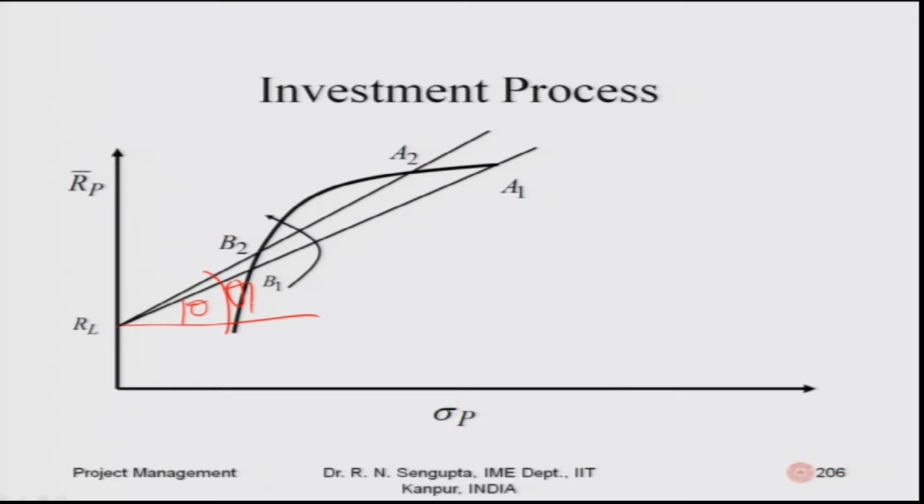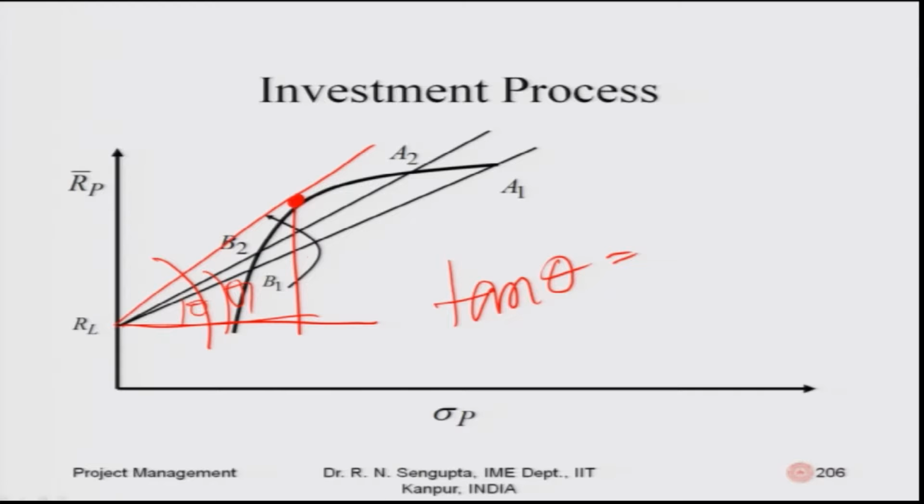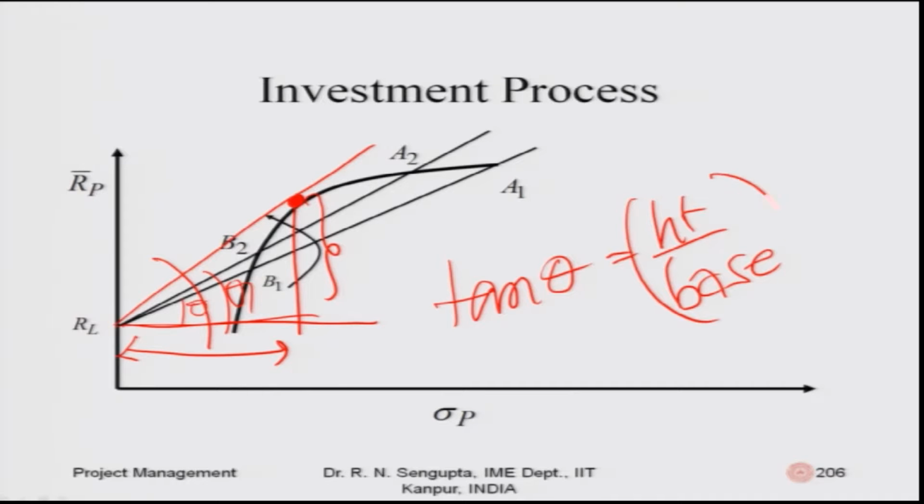Seeing the pen marker I am moving, I am trying to move it anti-clockwise till it is tangent to this point. I have not been able to draw it, but till it is tangent. The tan of this angle would be the height divided by the base, and I try to maximize that.